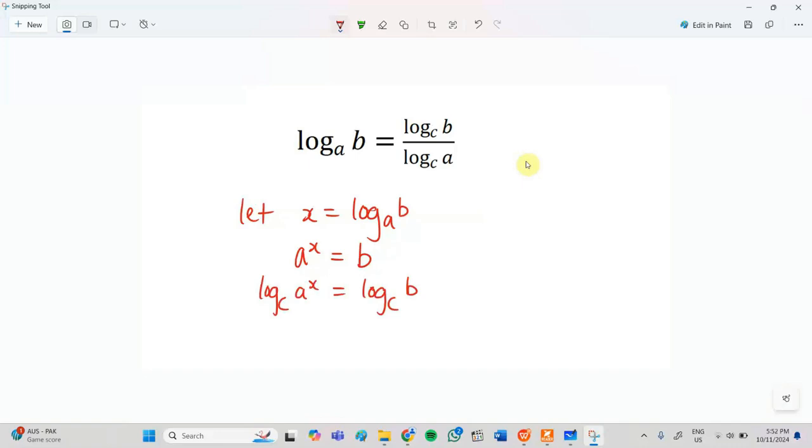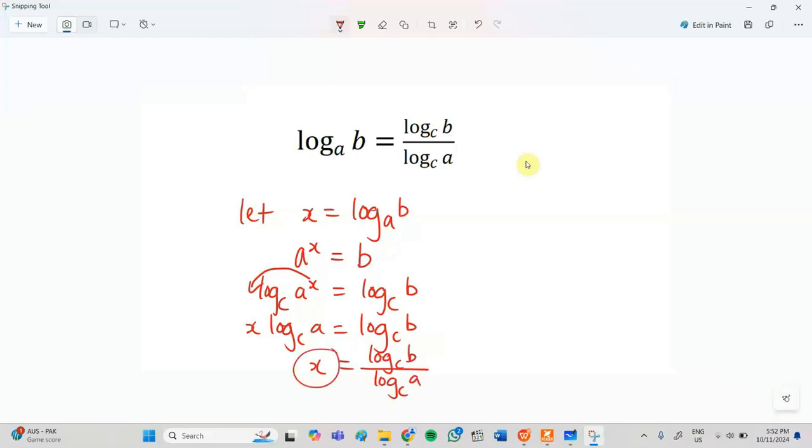And using the power law, we move x here to the front, so it becomes x log base c of a equals to log base c of b. And now this, we can move it here, it becomes x equals to log base c of b over log base c of a.